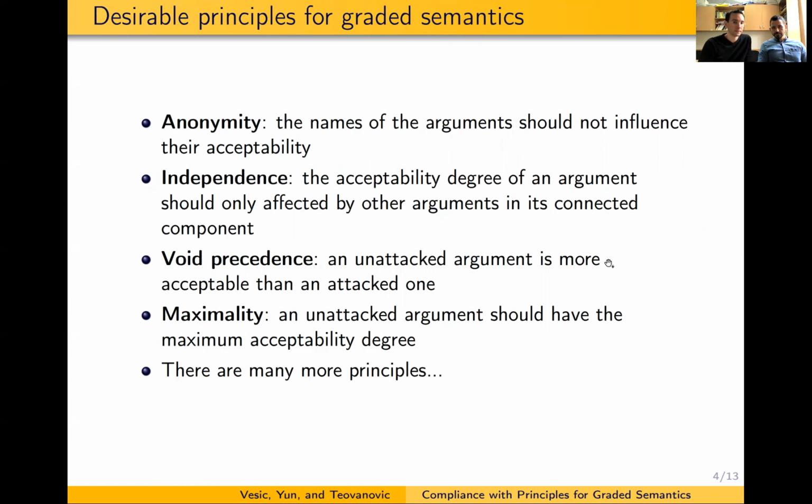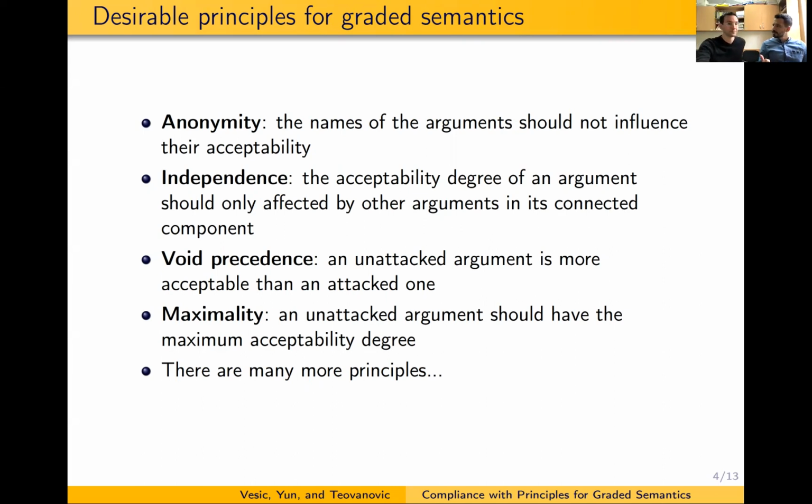Then void precedence is a very simple one. It says that if an argument is not attacked, then it must be more acceptable than another one which is attacked. And finally, maximality says that non-attacked arguments should have maximum acceptability degree. So in this theoretical setting, it's 1, but it can be different. There are many more principles, but we are not studying them, and we are not talking about them today.